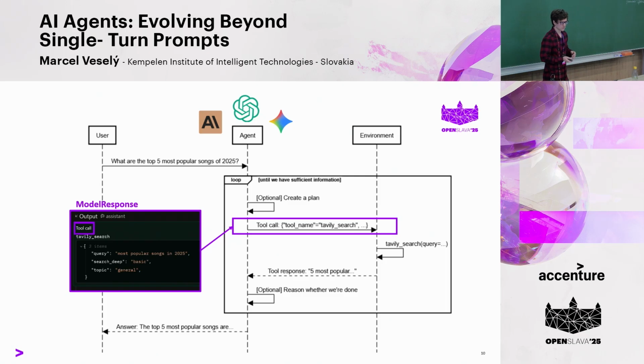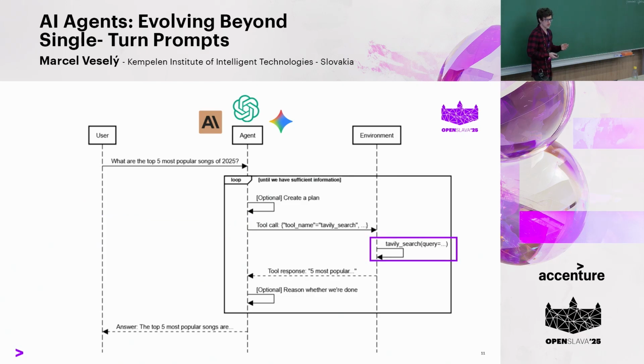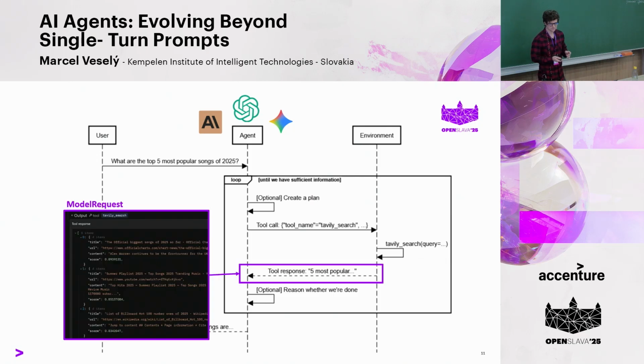And it wanted to call a tool called Tavily search. So now within the environment, an actual function is called in order to get some results regarding my query, like what the top 5 most popular songs are. And then we get a response to the model from the environment, the response associated with that particular tool.